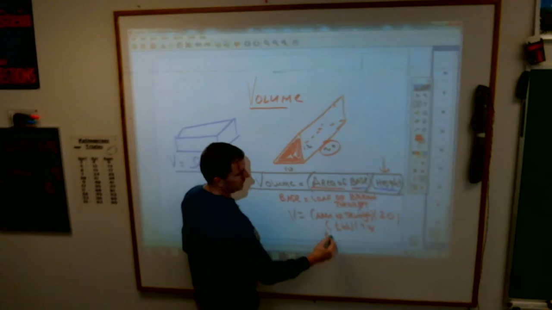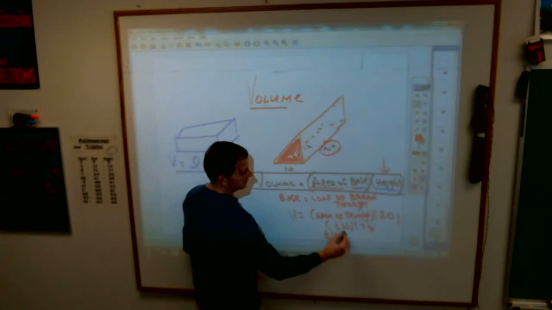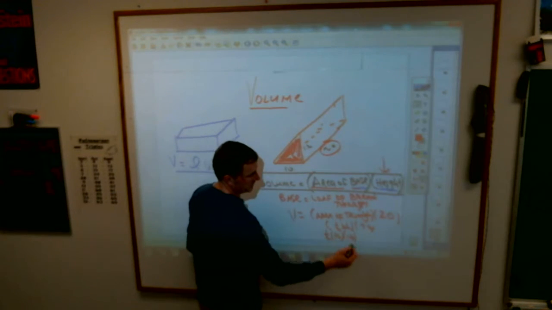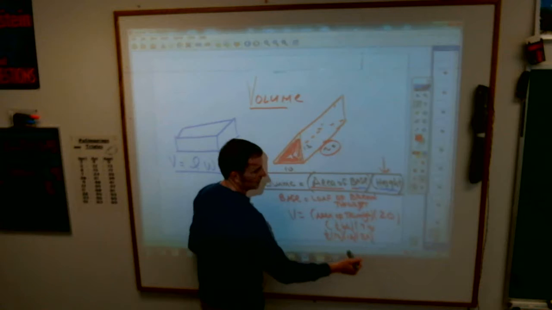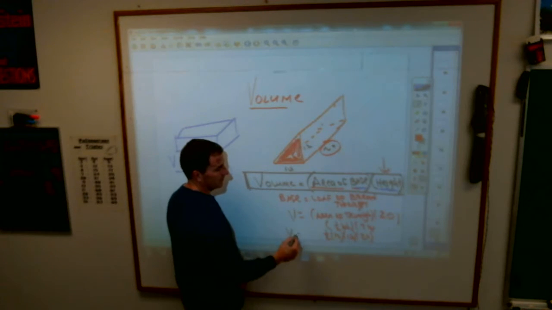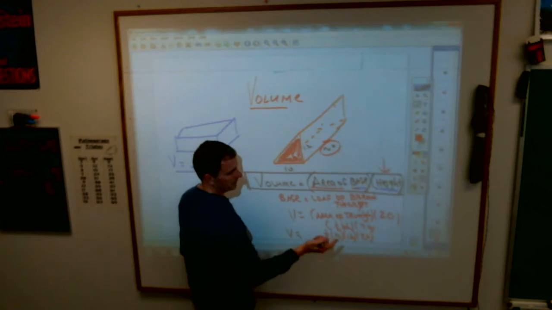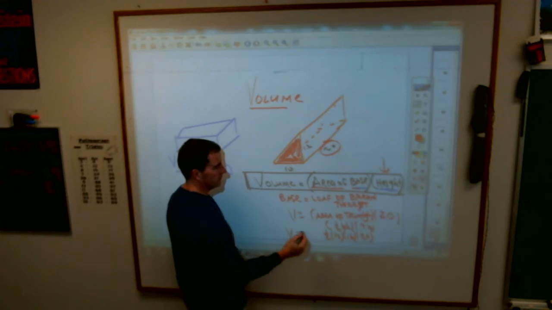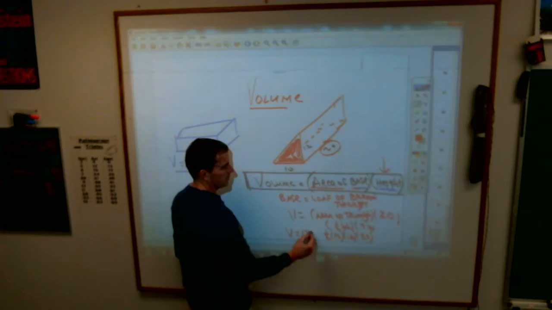So it's 1/2 of 10 times 12. After I find that, I'm going to multiply that by 20, because that's the height of the shape. So what is the volume of this whole thing? Let's take half of 20, that's 10. 10 times 10 is 100. What's 100 times 12? It is 1,200 inches cubed.